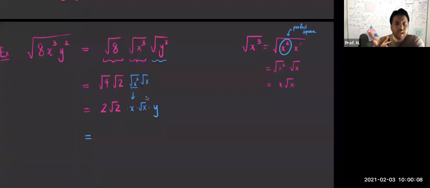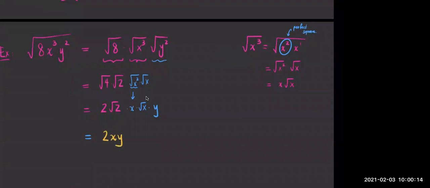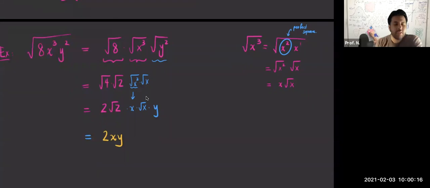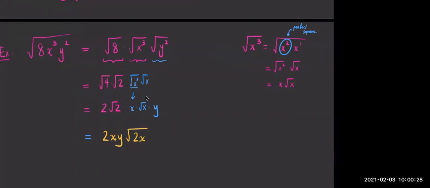So the 2, the x, and the y are all placed in front: 2xy. And everything underneath the radical stays underneath. So the 2 and the x underneath the radical put together become 2x. Does everyone see that?